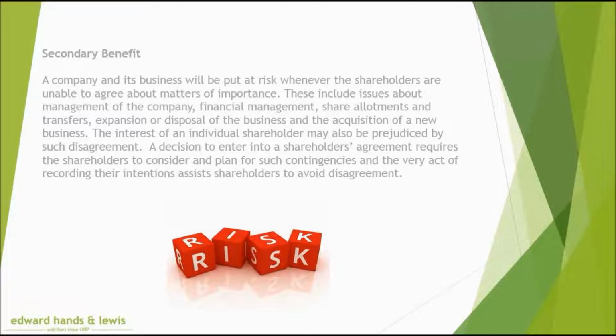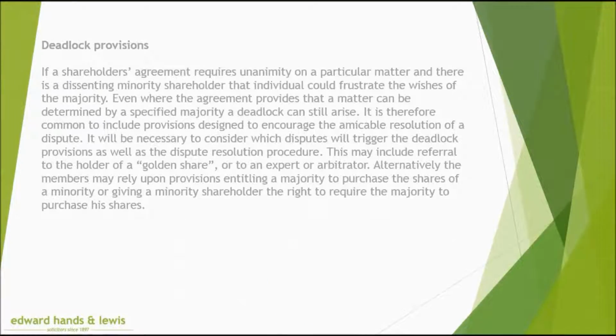The interest of an individual shareholder may also be prejudiced by such disagreement. A decision to enter into a shareholders' agreement requires the shareholders to consider and plan for such contingencies, and the very act of recording their intentions assists shareholders to avoid disagreement.